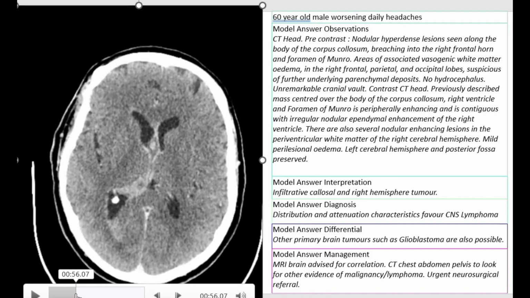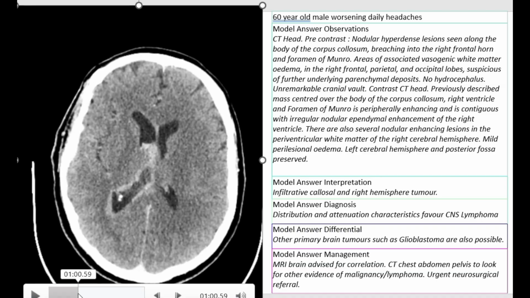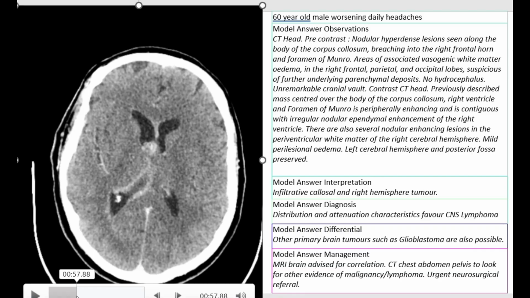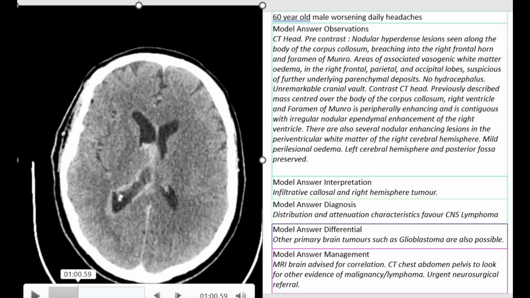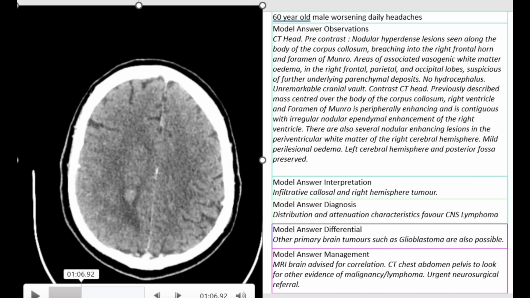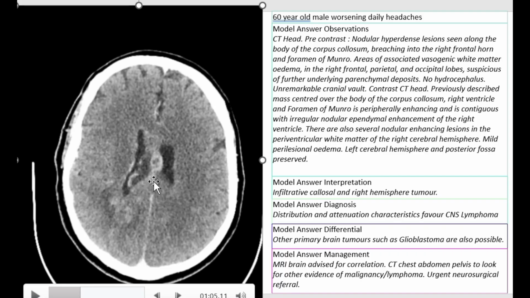Also, the previously described hyperdense lesions in the pre-contrast CT scan, the previously described hyperdense lesions seen along the body of the corpus callosum, these lesions also show peripheral enhancement.